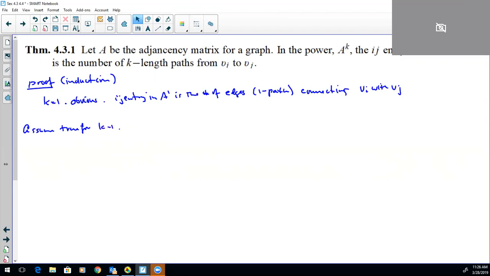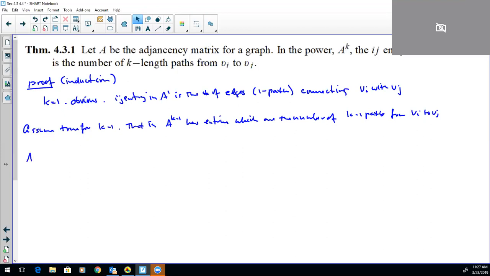In other words, the k minus first power has entries which are the number of k minus 1 paths from vertex I to vertex J. Now, let's take a look.